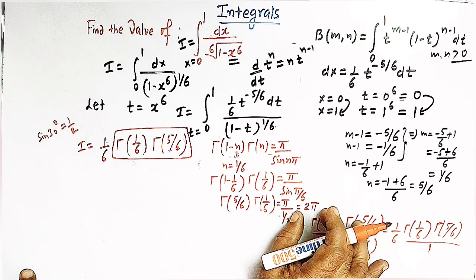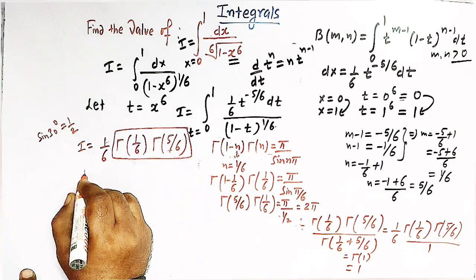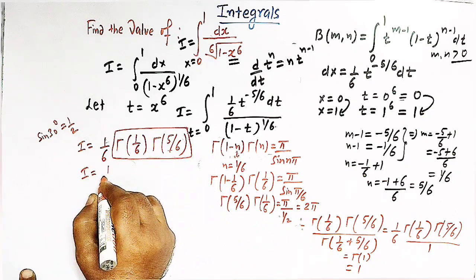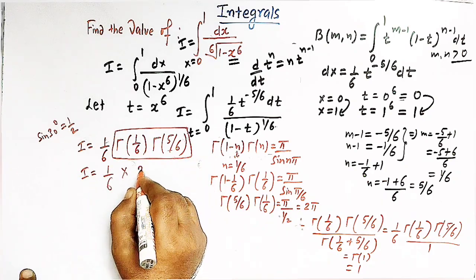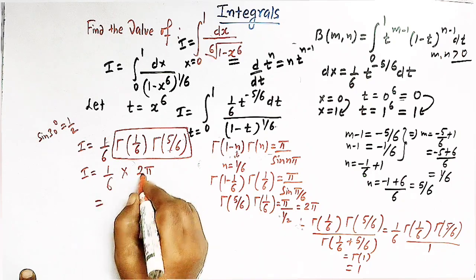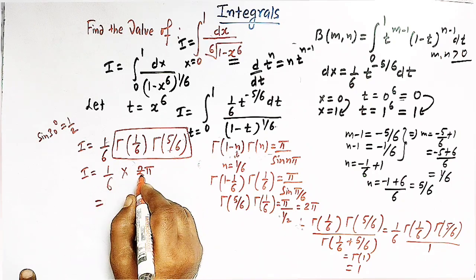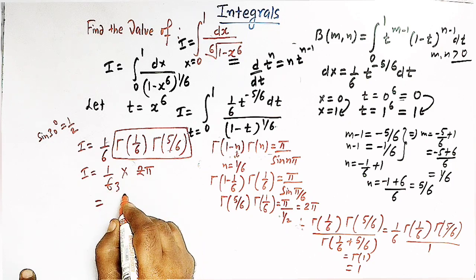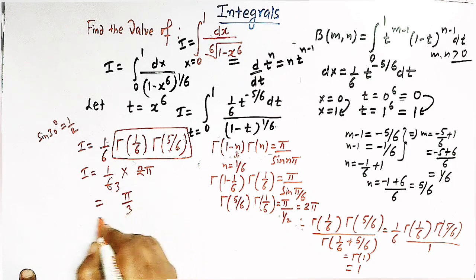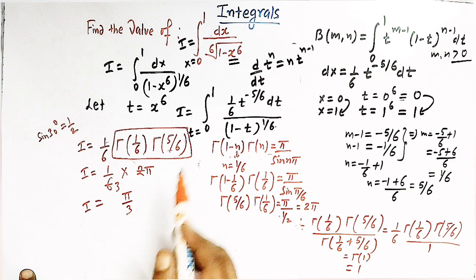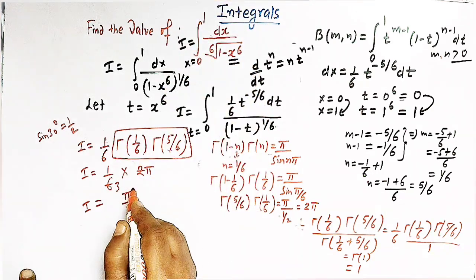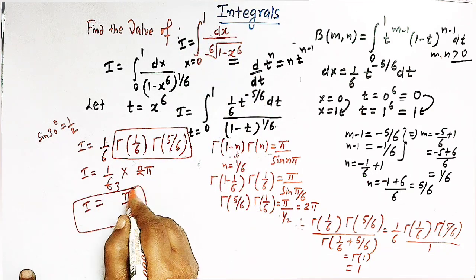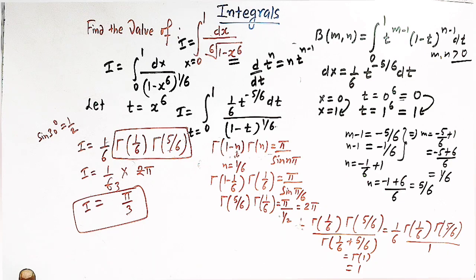Substituting this value, the value of the integral I is now 1 over 6 times 2 pi, and we can cancel this 6 by 2. So 2 times 3 is 6, and this is pi over 3. So viewers, the value of this integral is equal to pi over 3.